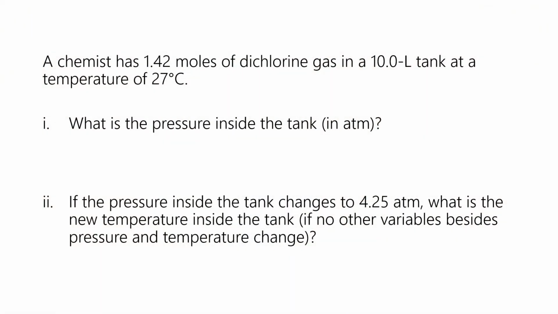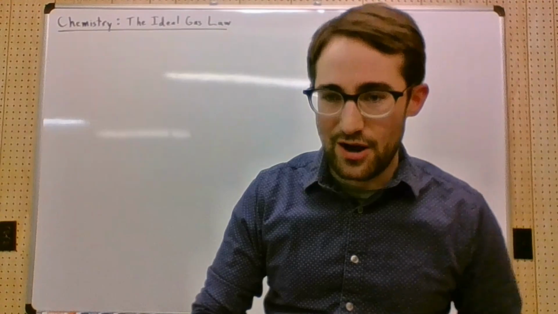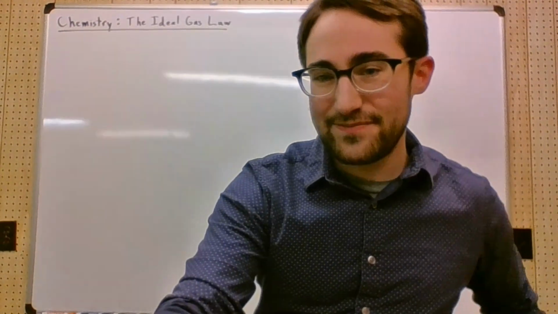Okay, a chemist has 1.42 moles of dichlorine gas in a 10.0 liter tank at a temperature of 27 degrees Celsius. The first thing we want to do is figure out the pressure inside the tank in atmospheres. Okay, so let's try that.